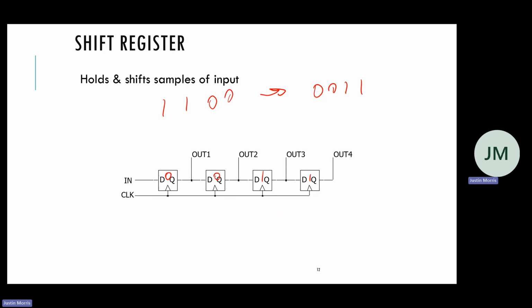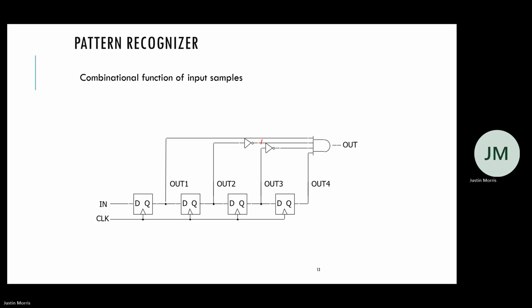So we can use this as a shift. We just wait as many clock cycles as we want to shift by. And if we wanted to pre-append 1s, we could. But in this case, we're just pre-appending 0s. And then here's another thing that we can do.